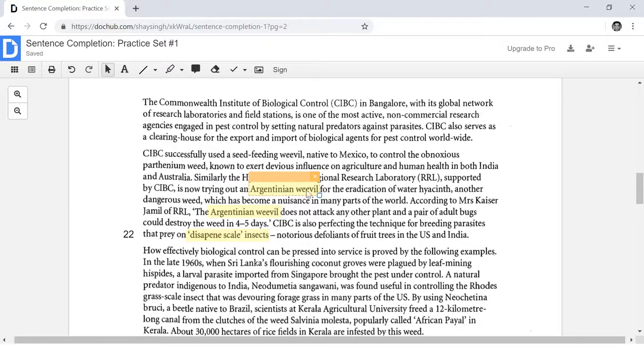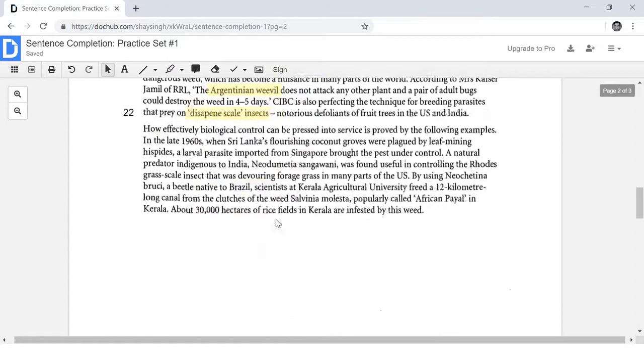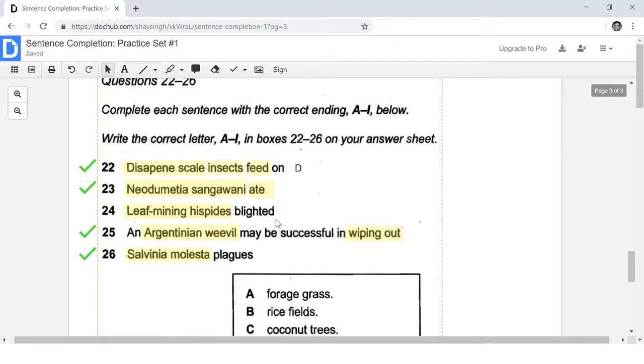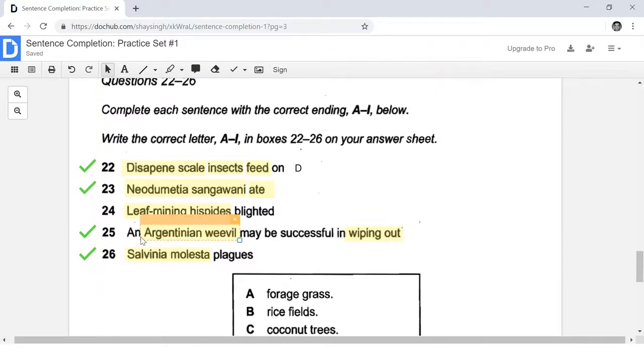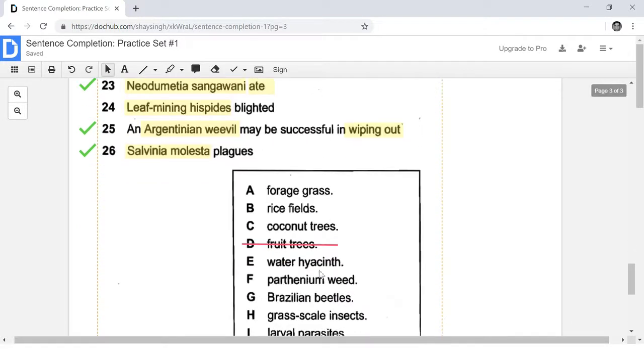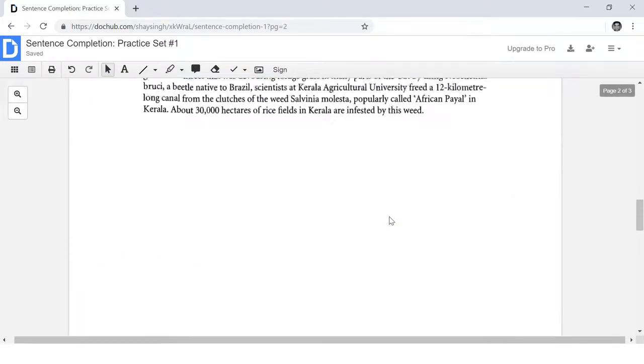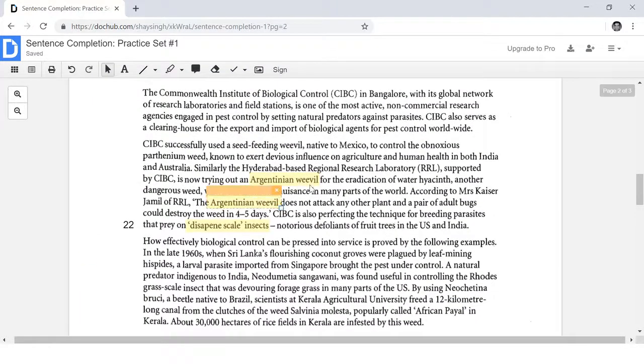The question in which we have the keyword Argentinian weevil. Let's answer this one since we've already found the keyword. Here it says, an Argentinian weevil may be successful in wiping out what? Let's start reading from here.